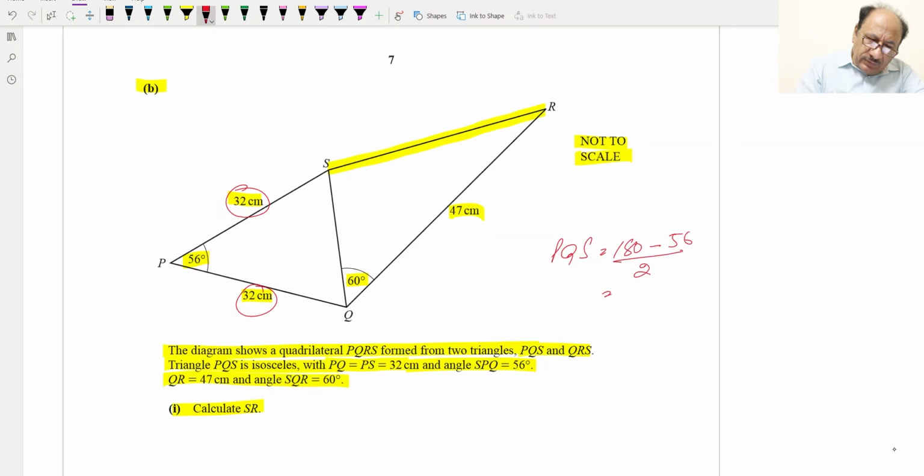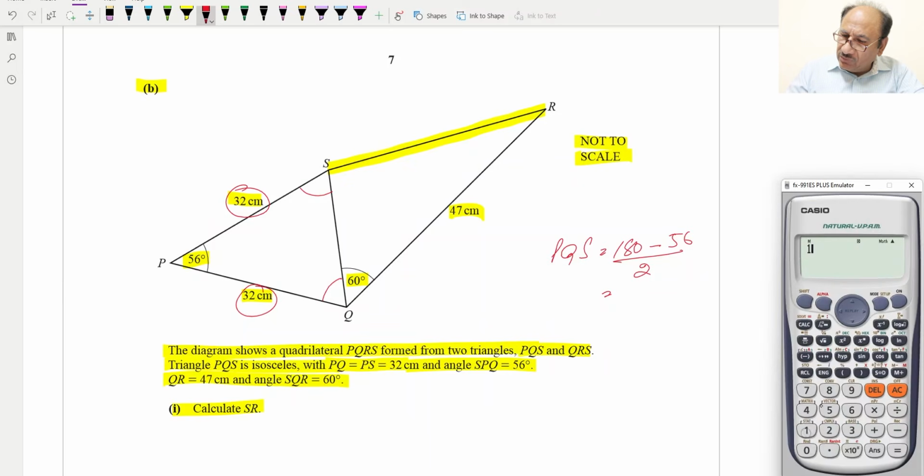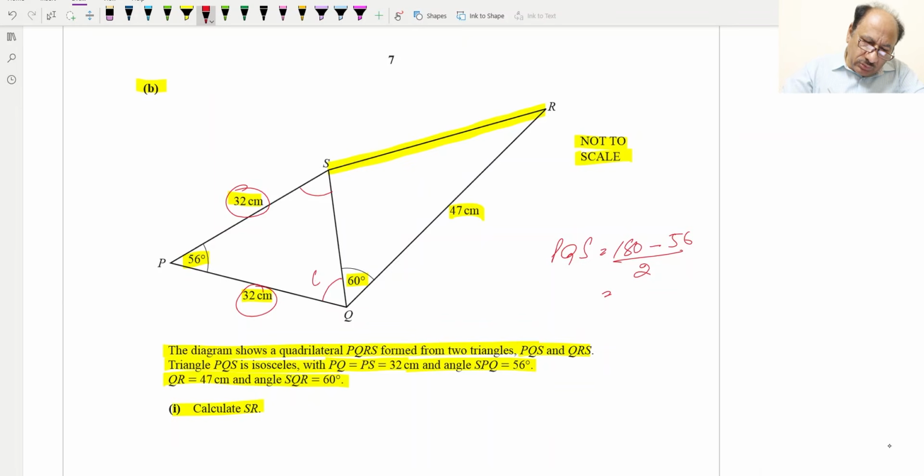So this angle and this angle will be equal. So we can simplify this fraction. 180 minus 56 divided by 2 is equal to 62. So this angle is 62, this angle is also 62.